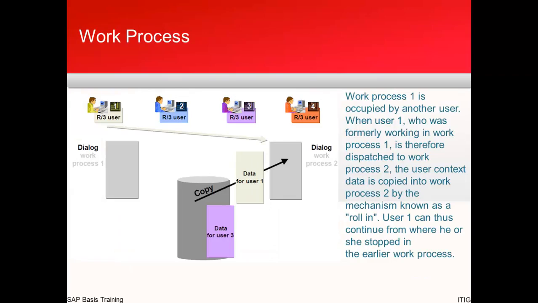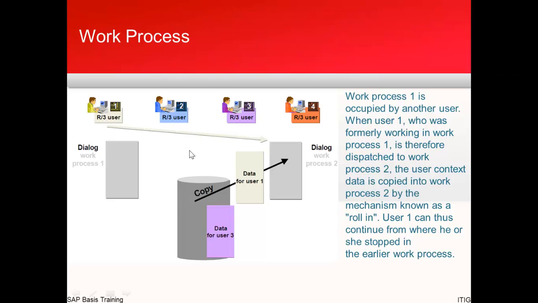Okay, now let's get into the work process. Here you can see this is work process 1, work process 2. Work process 1 is occupied by another user when user 1, who was formerly working in work process 1, is therefore dispatched to work process 2. The user context data is copied into work process 2 by the mechanism known as roll-in.